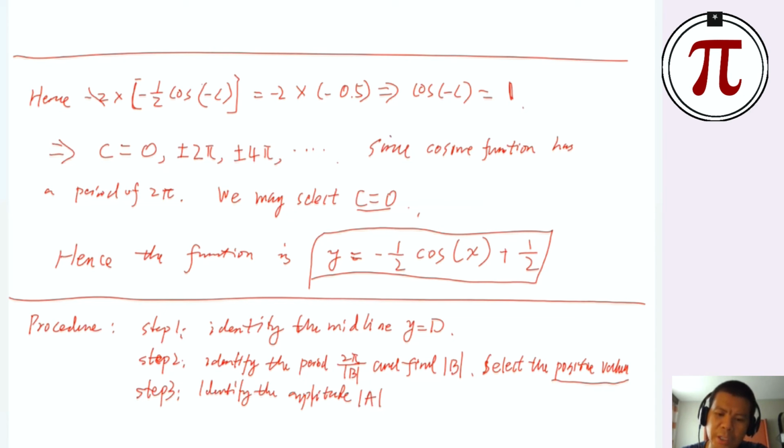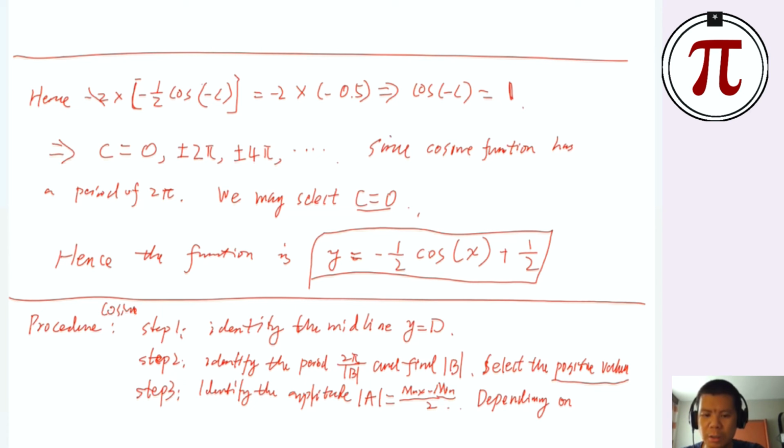That's the absolute value of A equals what? Max minus mean over 2, right? And depending on, for cosine, this is for cosine, right?